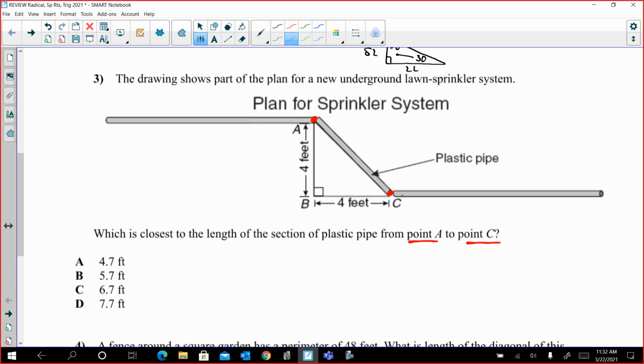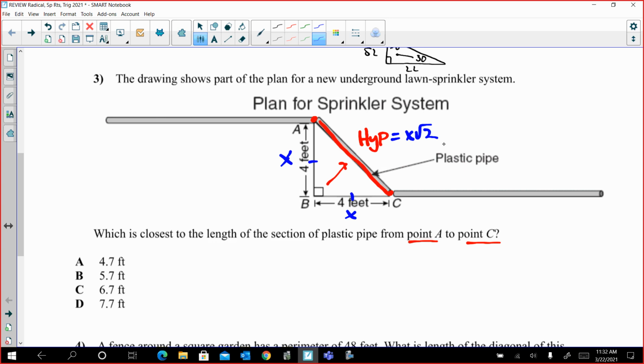This is point C. So basically they're asking us to find this tube, which represents the hypotenuse, because it's opposite the right angle. A key thing that they gave us in this problem is the fact that these 2 legs are the same. They're 4 feet and 4 feet. So that's like our x and our x. So our hypotenuse would be x root 2.